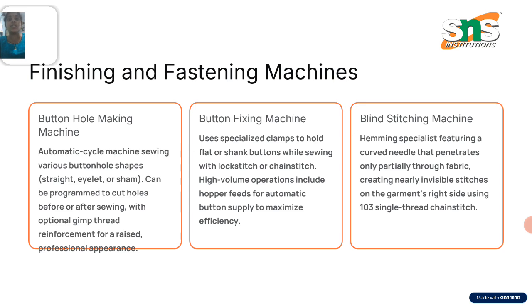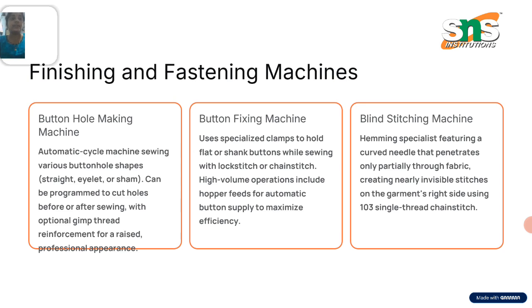The buttonhole machine is used for making buttonholes, which are used with buttons. The button fixing machine is used to fix the buttons on garments. The blind stitch machine is for hemming, with specialized curved needles that penetrate only partially through the fabric, creating nearly invisible stitches on the garments. As the name itself says, it is called blind stitch. It concentrates on invisible stitches where we need hemming.